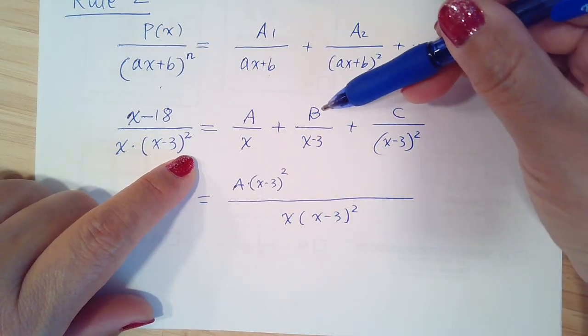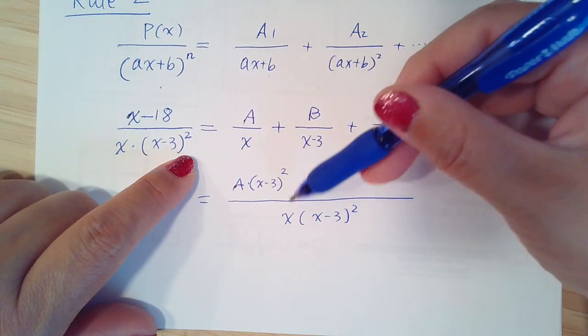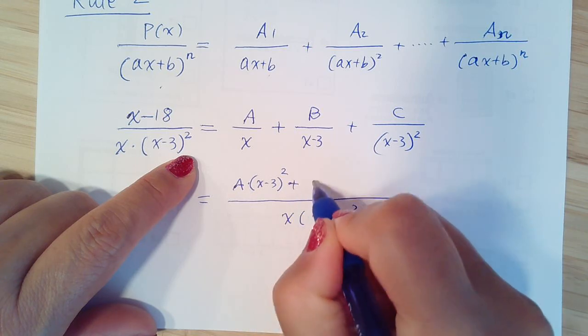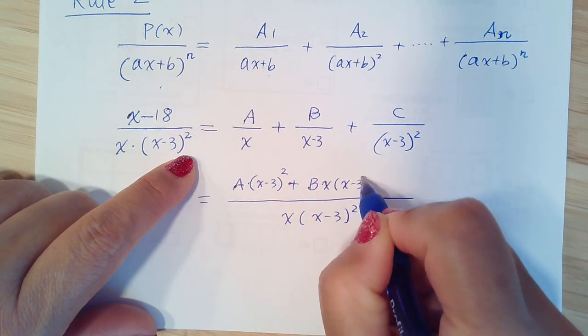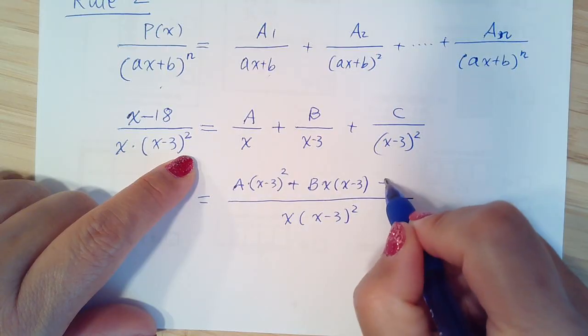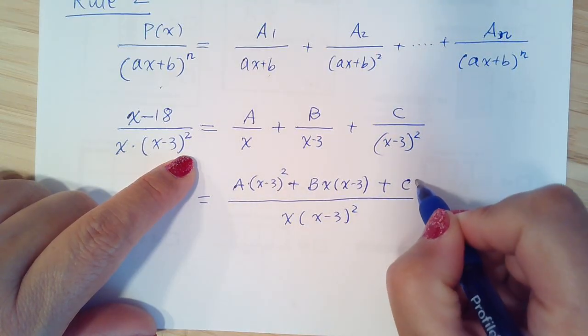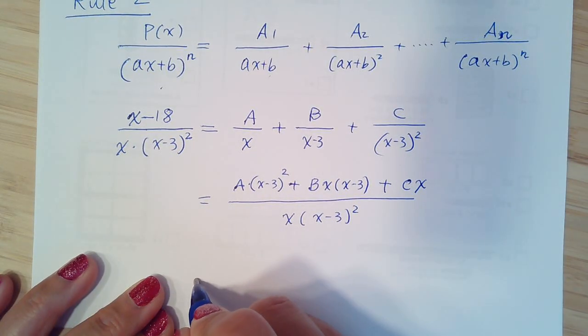And the middle term, b, because I have an x minus 3, if I want to bring this into this LCD, I have to multiply by x and another x minus 3. Okay, and the last one, x minus 3 squared, I only need a cx. All right, okay, now let's keep going.